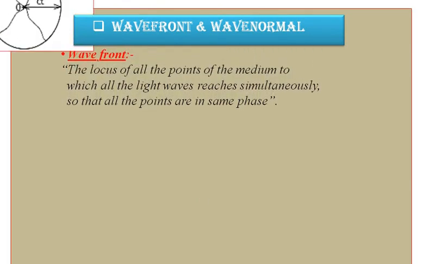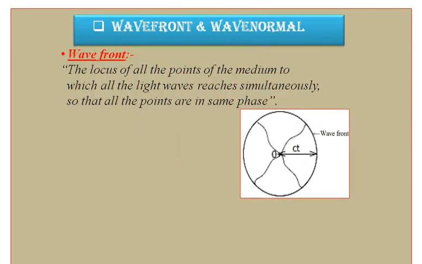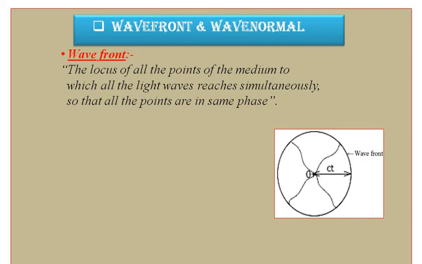Wavefront: the locus of all the points of the medium to which all the light waves reach simultaneously, so that all the points are in the same phase. This is the circle. Locus means a group of different points.